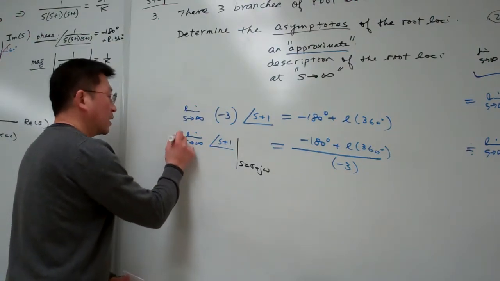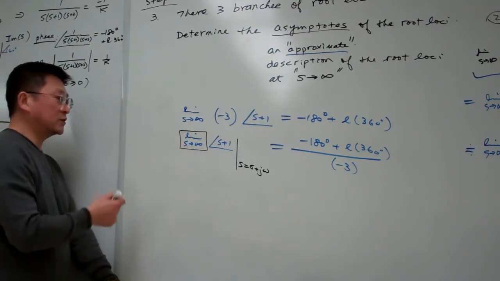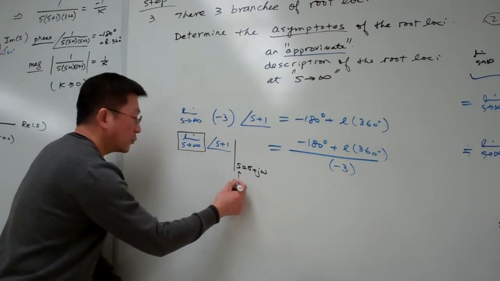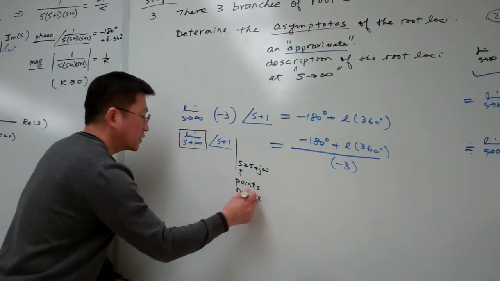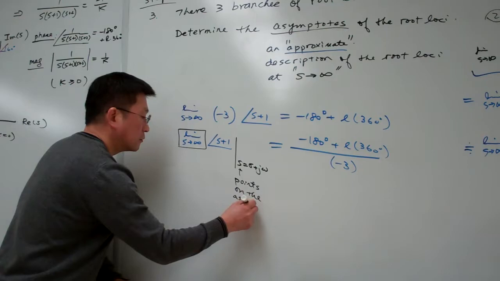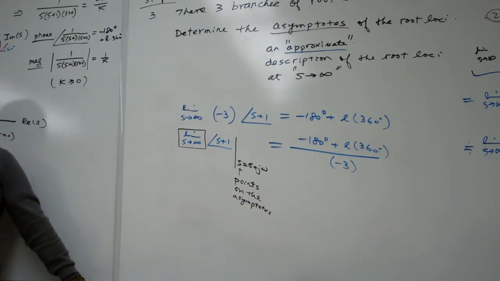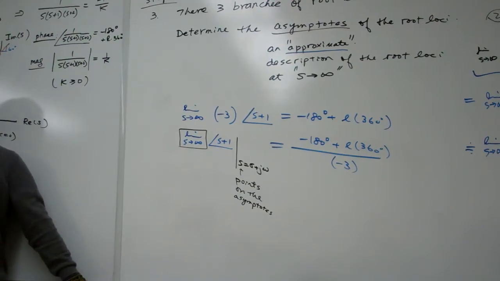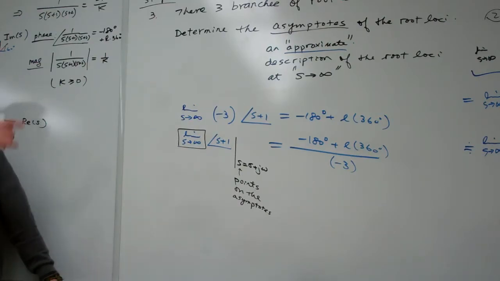Because here we use this notation, basically s is the point on the asymptotes. So s could be our root loci, but for sure s is the collection of the points on the asymptotes. Asymptotes is a better approximation to the root loci. In this step, our focus is on the asymptotes.